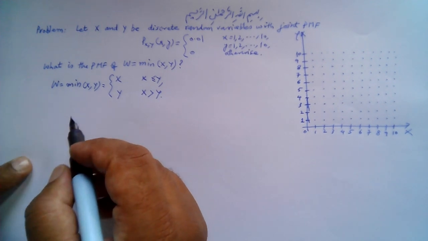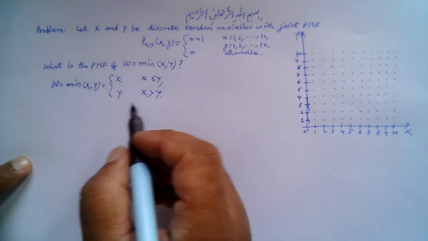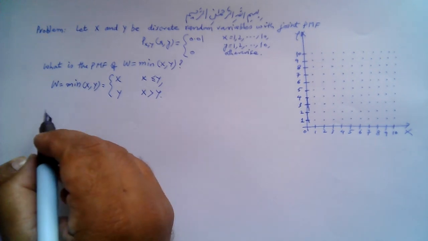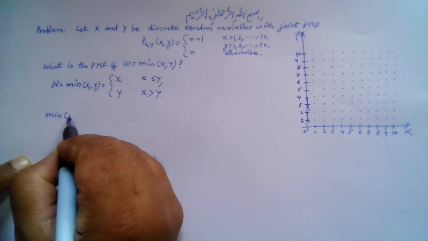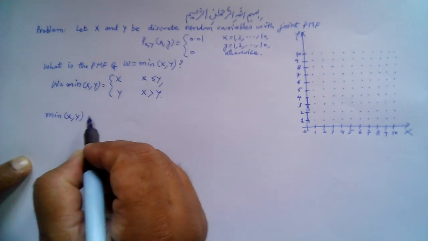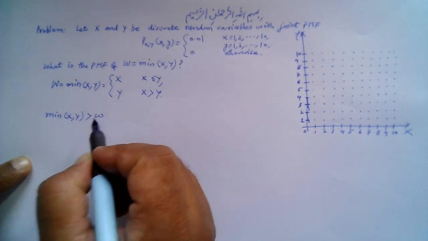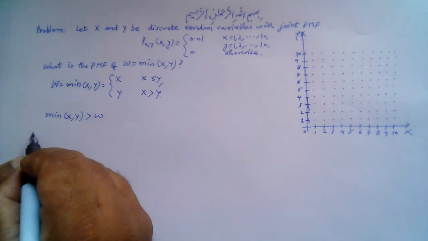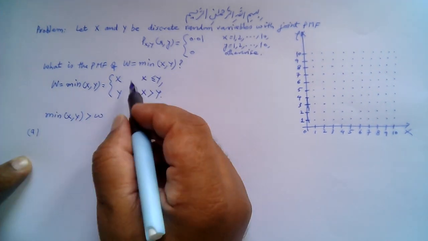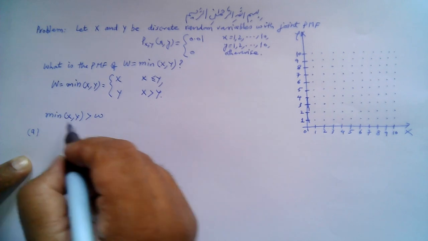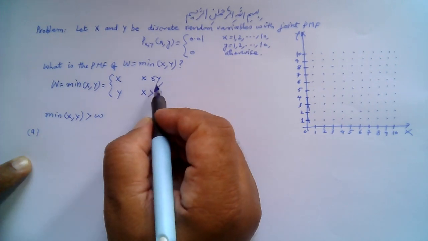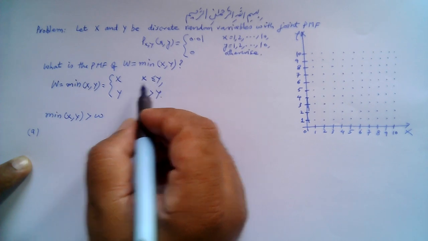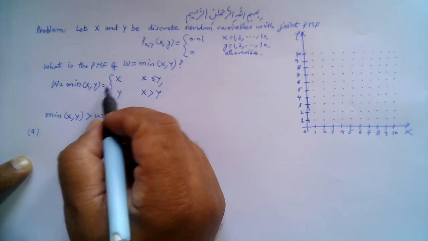So to begin solving this problem, let's consider the scenario that min of x comma y is greater than some value w. We have these two scenarios here, so let's combine them with this one. Let's consider first if x is less than or equal to y. In that case, min of x, y will be equal to x, right?